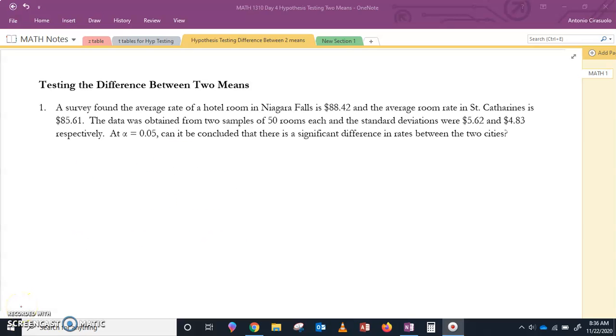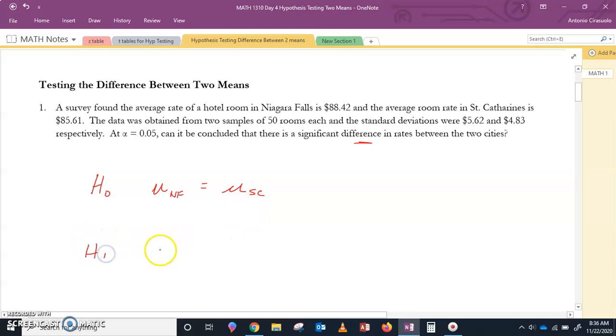So the first thing we're going to do is state the hypotheses. Reading the question, you can see that there is no indication of direction. It doesn't say Niagara Falls is greater than the other. It's just saying there's a significant difference between the two. As a result, for the null hypothesis, we're saying that the mean for Niagara Falls is equal to the mean for St. Catharines.